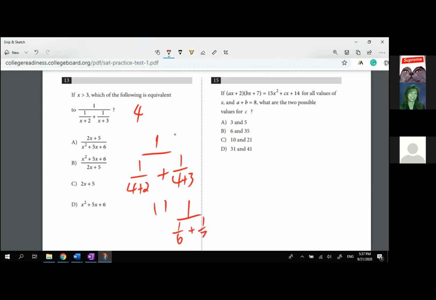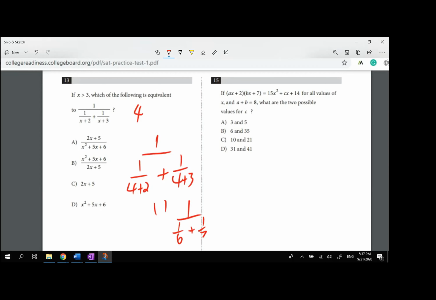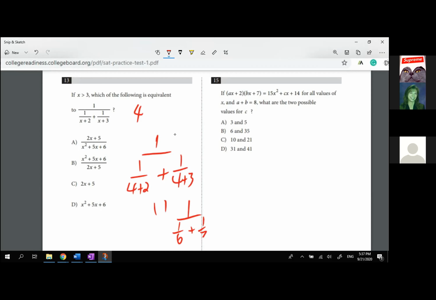And this comes out to be, sorry, excuse me. I'm thinking I might have done this wrong. But yeah, let's go ahead and work on trying to figure out what these factor into. So 1 over 6 plus 1 over 7.